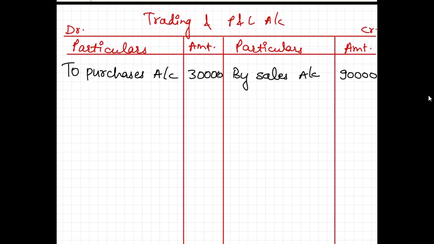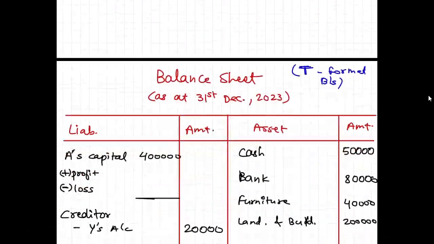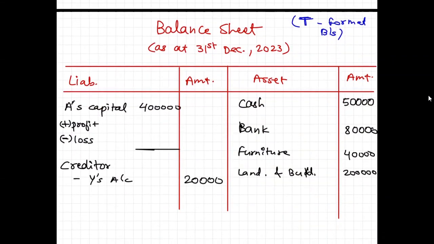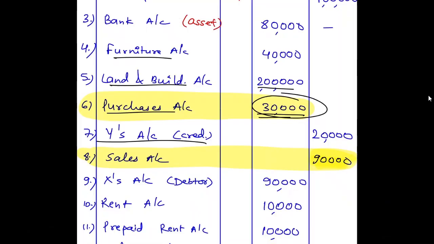If it is written on the debit side, it will be mentioned on the debit side. If it is written on the credit side, it will be mentioned on the credit side. In the same way, balance sheet is a bit reversed. Here you have the credit side because liabilities are credited and assets are debited. Here we have a reverse thing, but you can understand it.